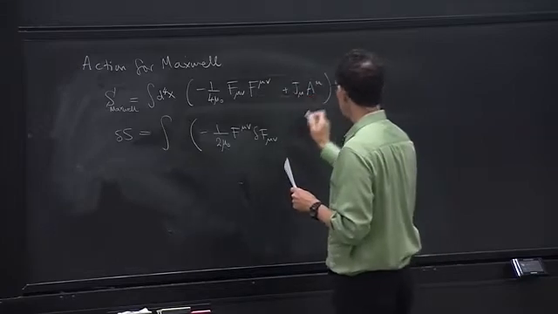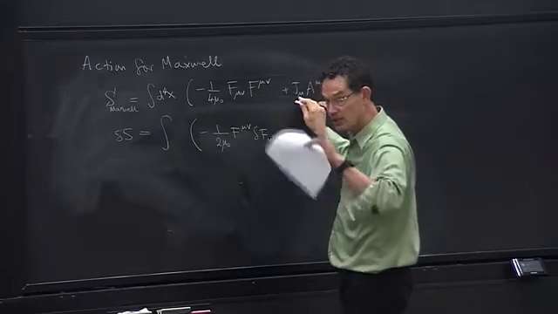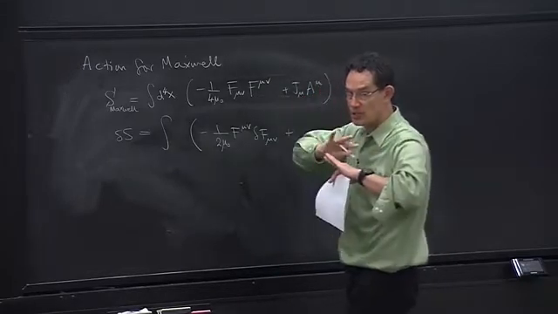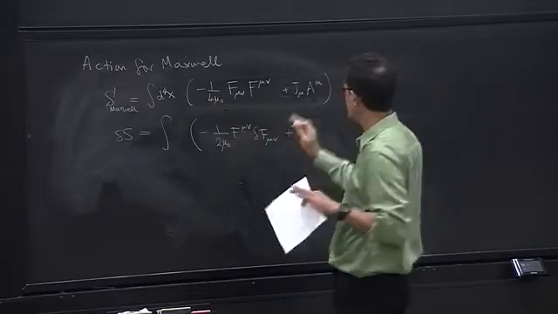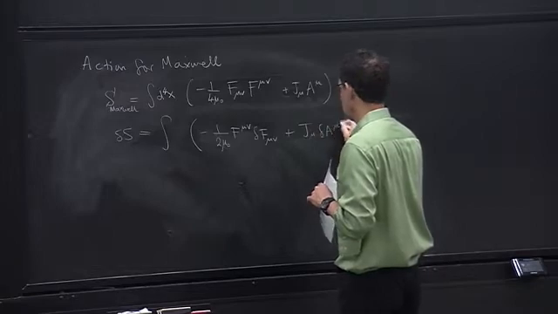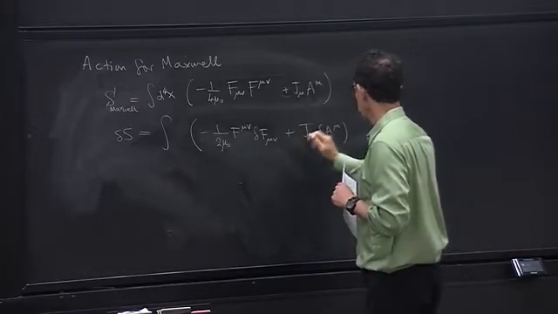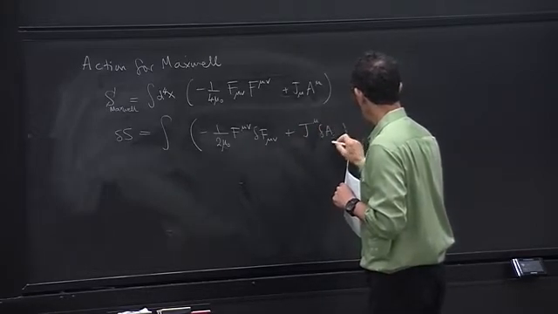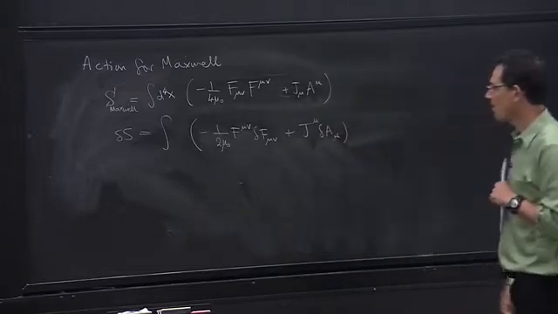And then I vary with respect to A, but I leave the current alone. It doesn't depend on A. The current is assumed to be just fixed, independent of A. So this is J mu delta A mu. In fact, I'm going to write it this way with the J upstairs and the delta A mu downstairs.